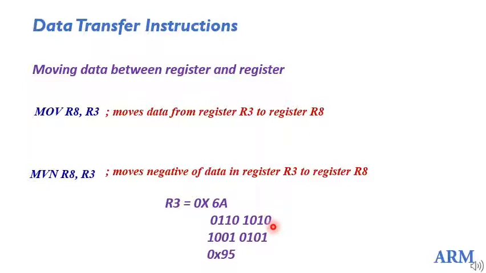So complementing this data, it will be 1001 0101. This results in 0x95. So the MVN instruction will find the bitwise complement of the data in register R3 and store it to R8.